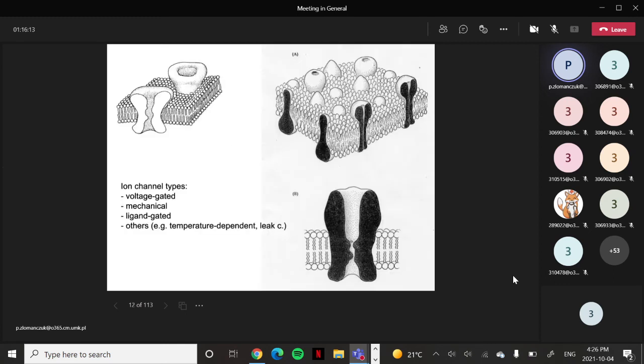Okay, the second class of proteins that are associated with the transportation of ions across the membrane are ionic channels, or ion channels. The very important difference between the ion channels and the ionic pumps is that, firstly, transport of ions through those channels is passive.